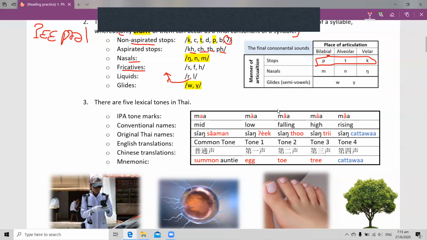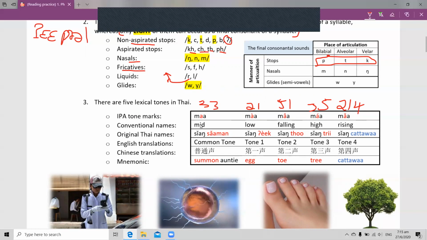If you use the pitch scale, it will be 3, 3, then 5, 1, then 3, 5, and 2, 1, 4.